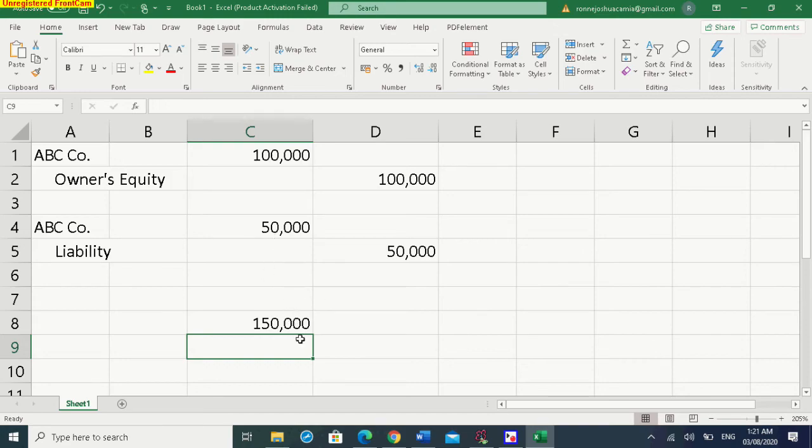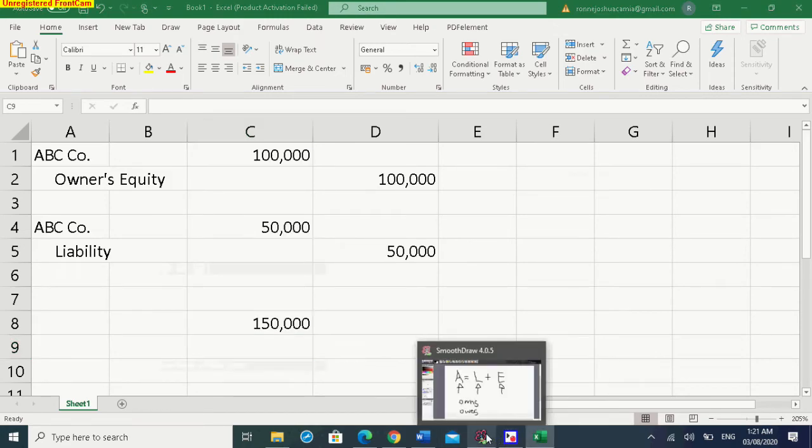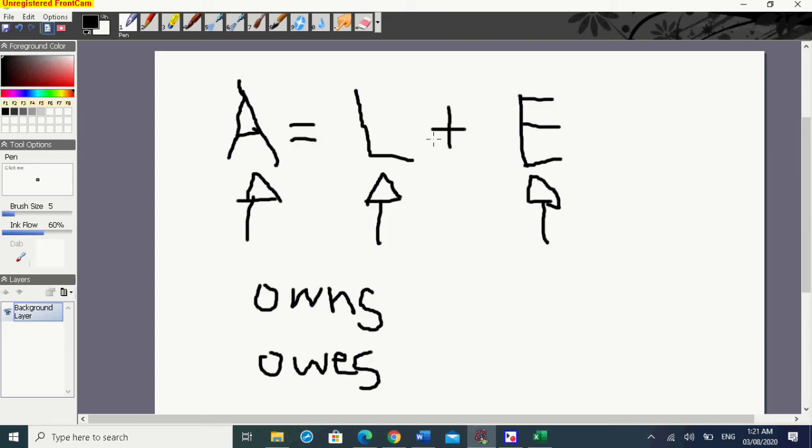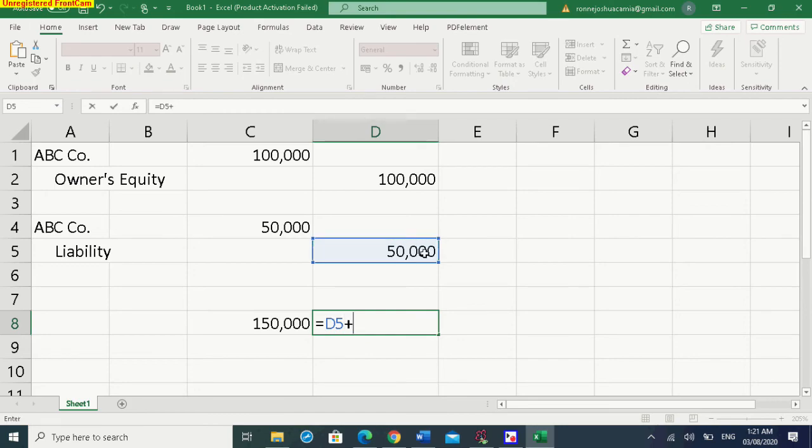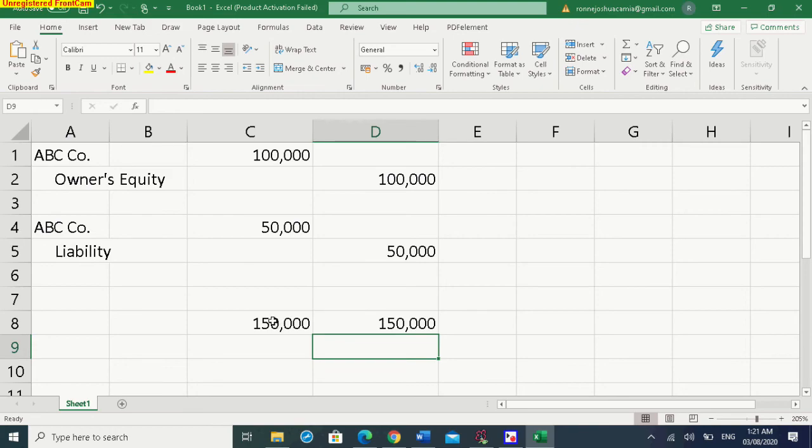Going back to assets equals liability plus equity, the liability is 50,000 plus the equity, which is 100,000. So they're equal because that's what the record says. Everything's supposed to be equal, left, right, left, right. That's the basic accounting equation.